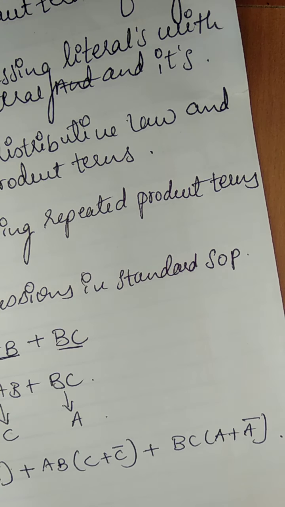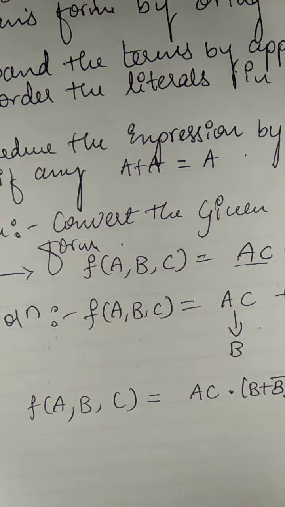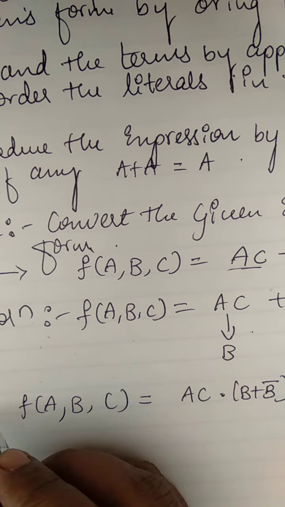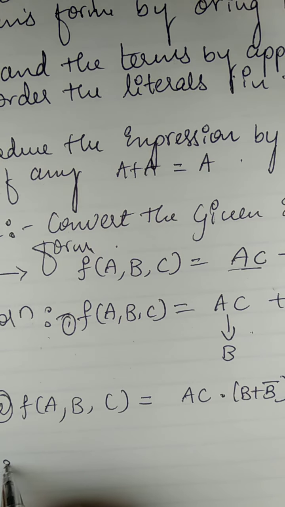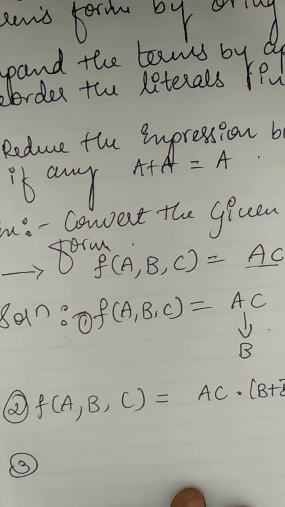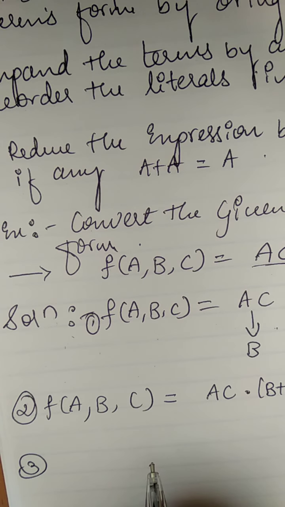The missing literal is A. So next, what do we have to write? We have to expand the terms by applying the distributive law and reorder the literals in the product form. So this is the second step. The third step is to expand the terms and reorder the literals. How will we expand?